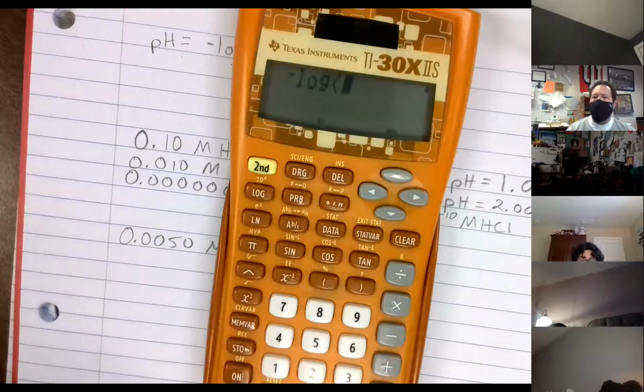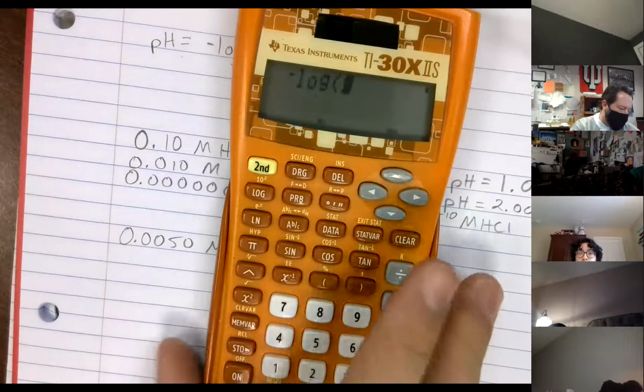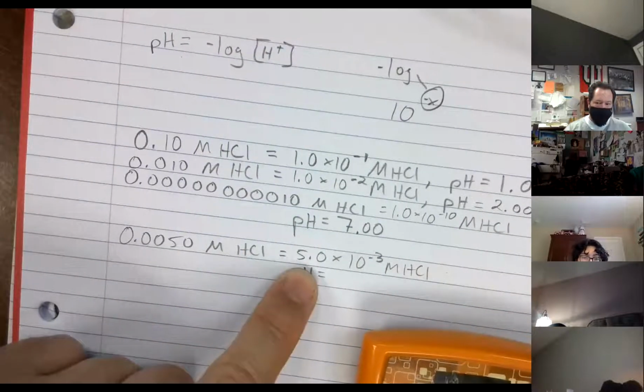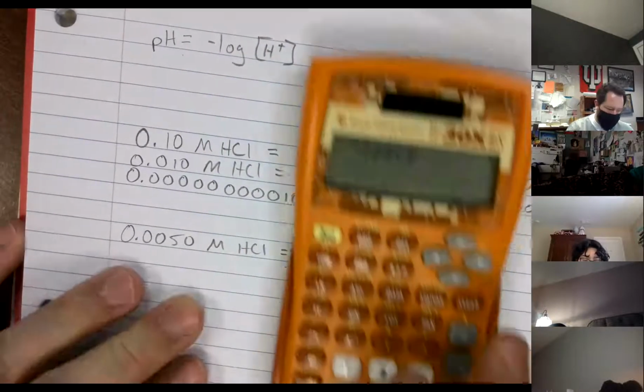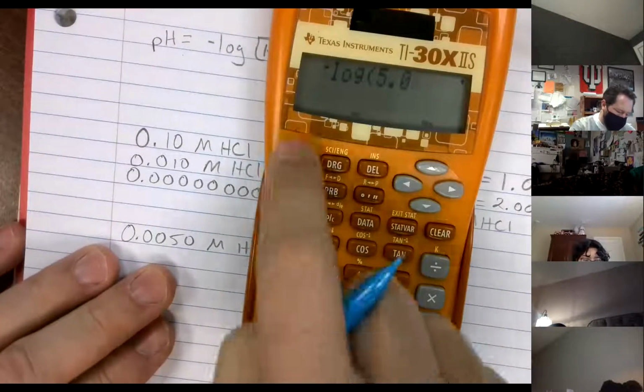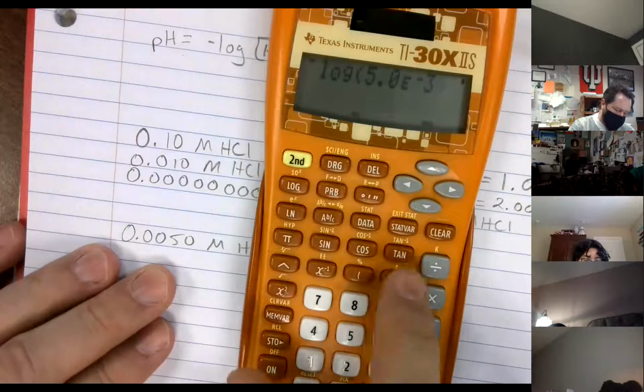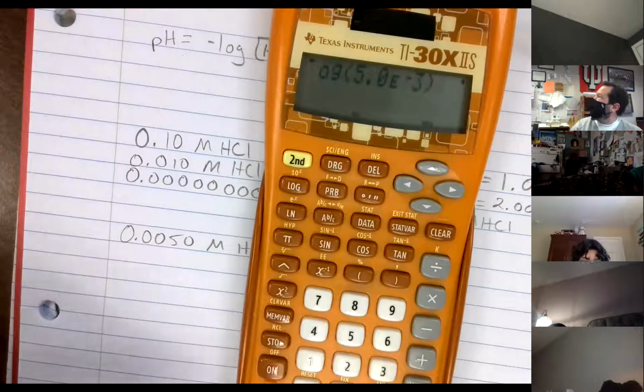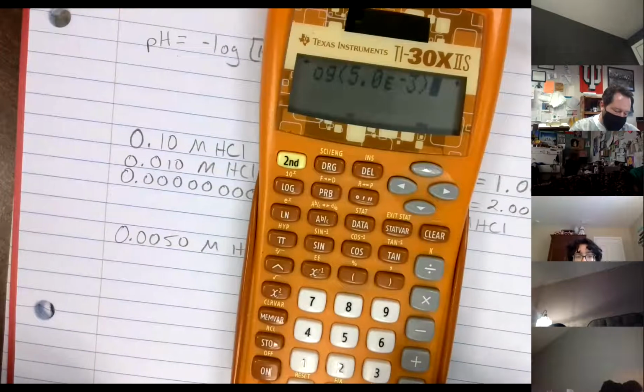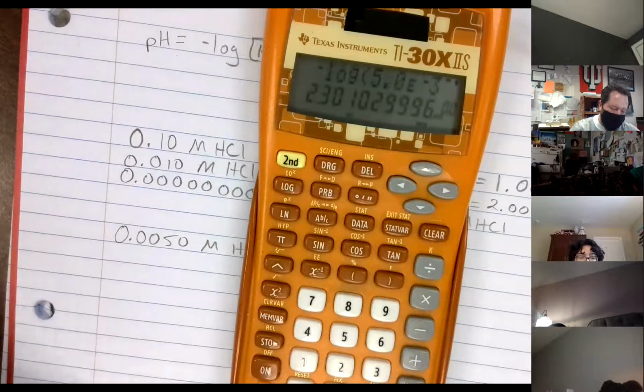Wes, if I'm remembering correctly, your log button is kind of towards the right side. Yeah, that's right. You found it? Good. Now I'm going to enter my 5.0, big E negative 3. Close up those parentheses, hit enter, and voila.